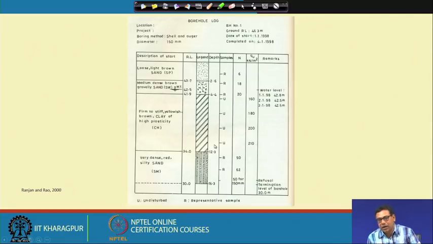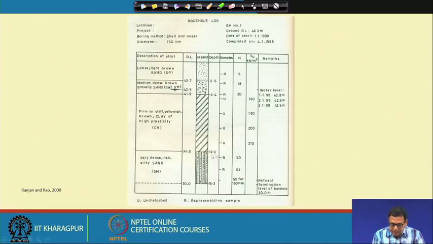If you collect the undisturbed soil sample, then we can use it to determine the strength properties of the soil. So, we get the QU value. QU means the unconfined compressive strength of the soil. So, Cu is equal to QU by 2.